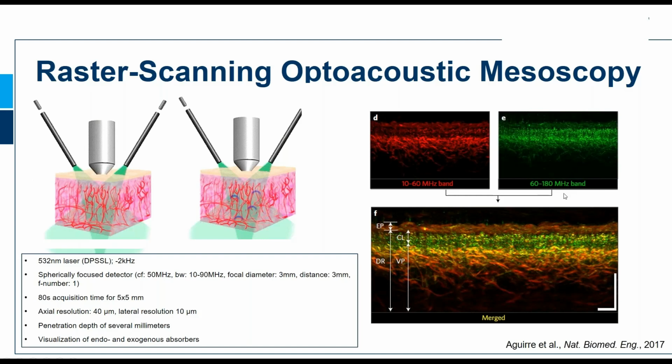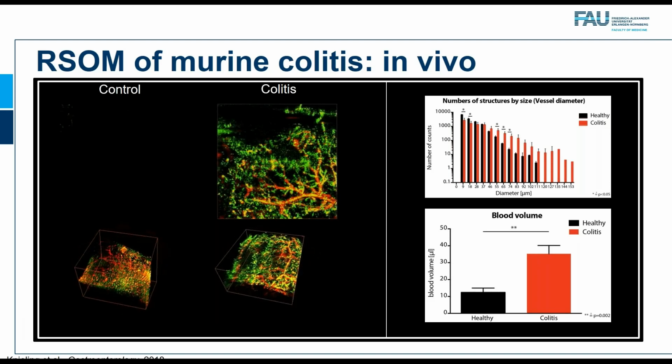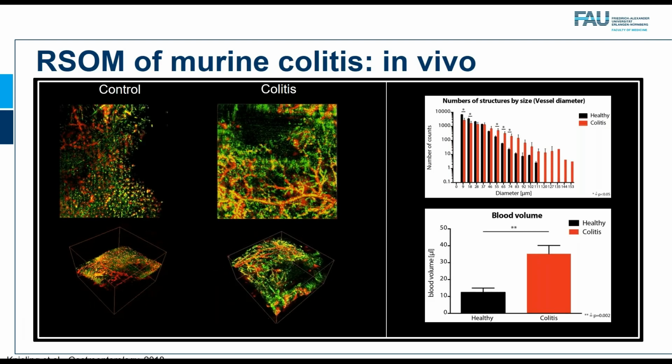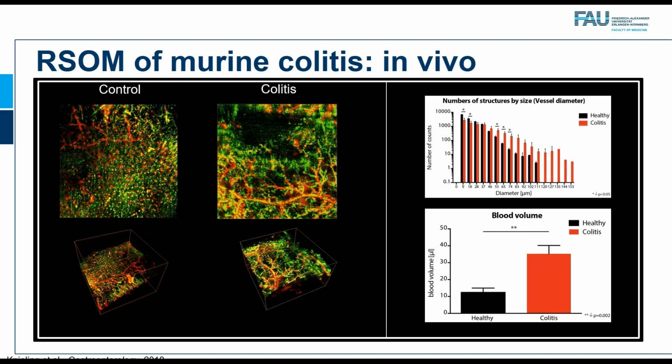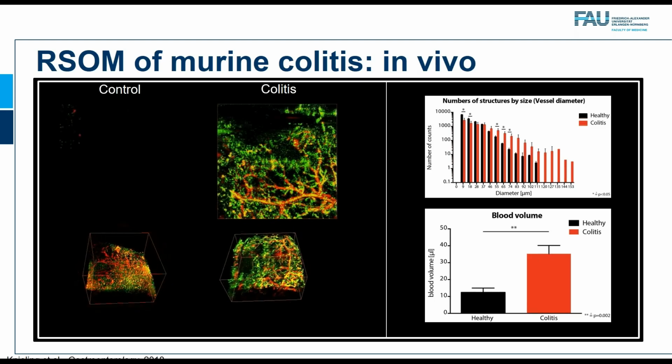What you can get is basically information about the vascular microstructure. You can see here on the right side images of the skin, where you see the skin vasculature with the different layers. This is something we also applied to intestinal samples, and we even measured the colon in vivo in murine models of colitis.